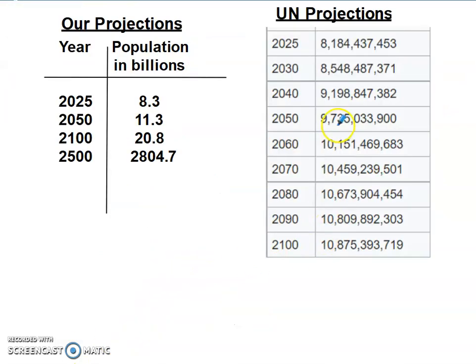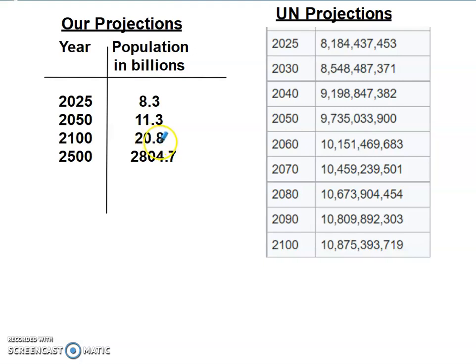If you look at this table right here, these are the projections from the United Nations for the population of Earth at various times. We had 8.3 in 2025. We're a little high, but not too bad, right? We're looking at a little closer to 8.2 billion than 8.3 billion. In 2050, we're now a little bit beyond what they would have projected. And then they didn't go out to 2500, so I added one more data point here.